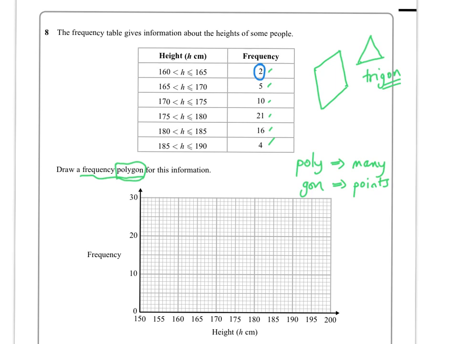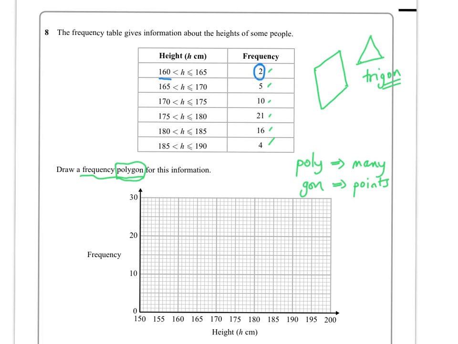It's the same with IQ, height, weight. Many things have central tendency. So I would say this time, you know it can't be 160, but as good as, because height is continuous. So I would say halfway would be 162.5, and I've just got to plot that against 2 here.